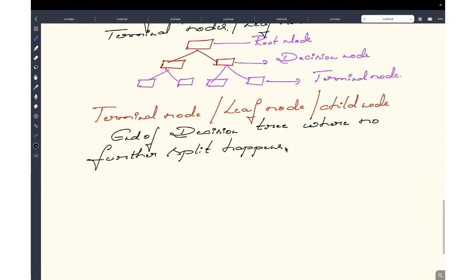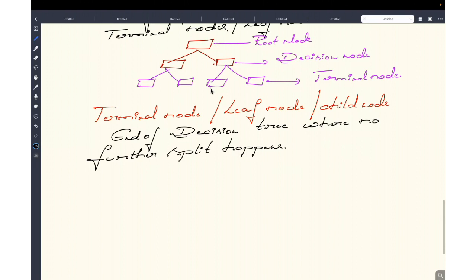Like the stop of that particular decision tree. We call that a terminal node. Three different types of nodes: root node, decision nodes, and terminal nodes.